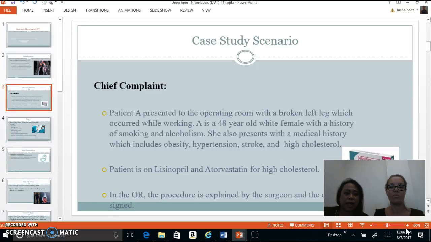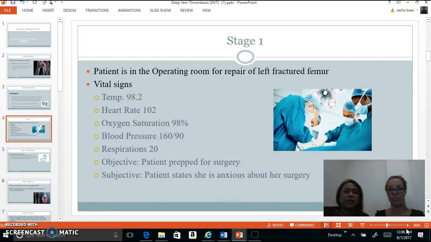In the OR, the procedure is explained by the surgeon and the consent is signed. In stage 1, the patient is in the operating room for repair of the left fractured femur. Her vital signs: temperature is 98.2, heart rate is 102, oxygen saturation is 98%, blood pressure is 160/90, respiration is 20. Objective: patient prepared for surgery.